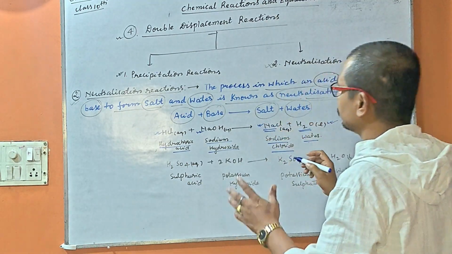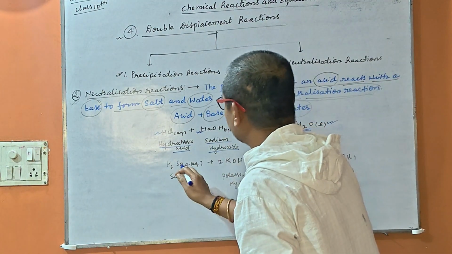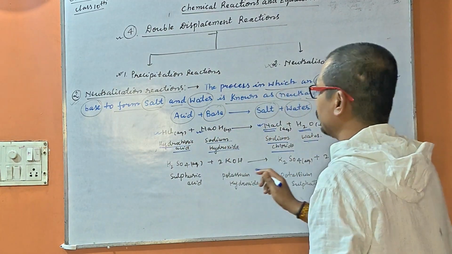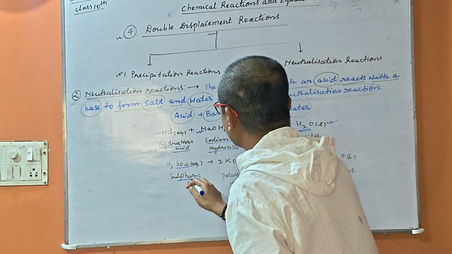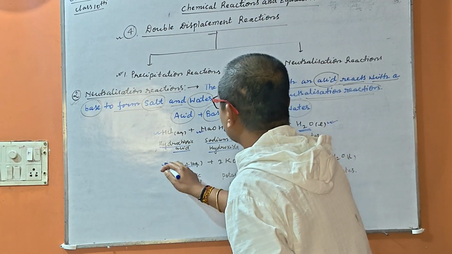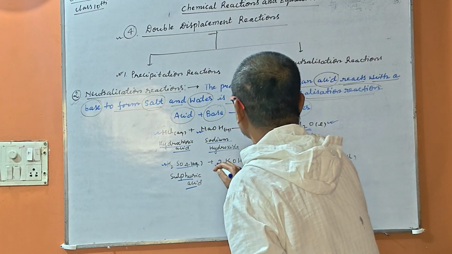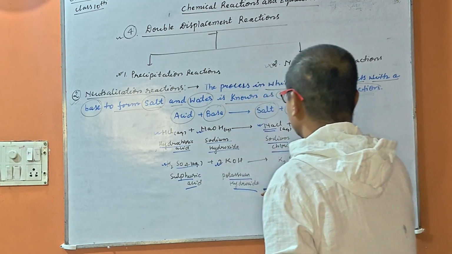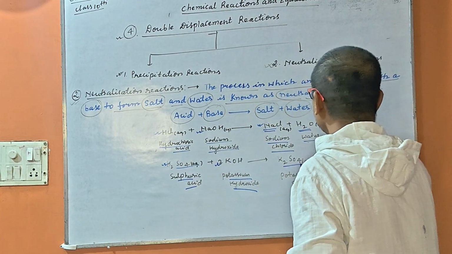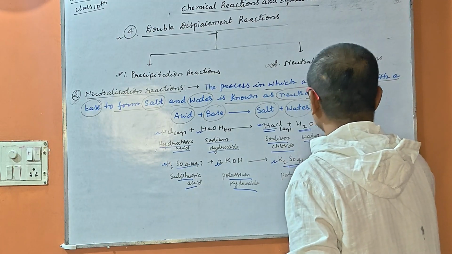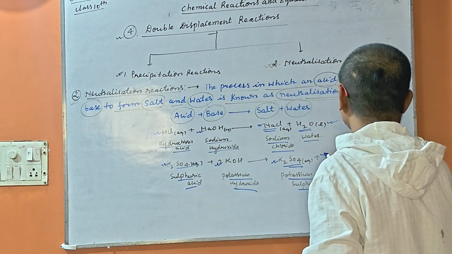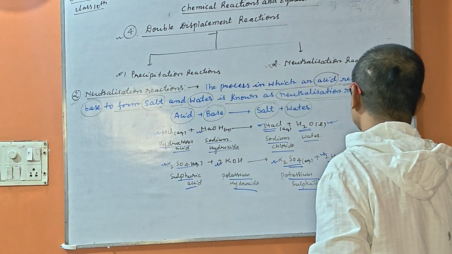Second reaction, the same thing: acid plus base gives salt and water. H2SO4 is the sulfuric acid, and this is the potassium hydroxide base, and it gives you the salt K2SO4, potassium sulfate, and 2H2O, that is water.